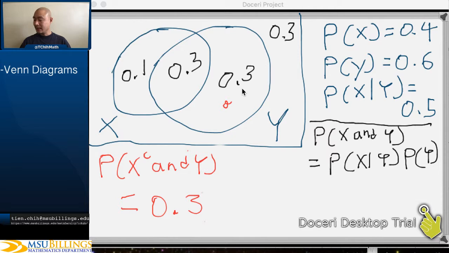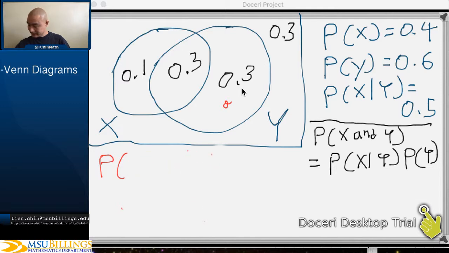All right, one last example. Let's do a conditional probability. Let's look at the probability of Y complement given X complement.